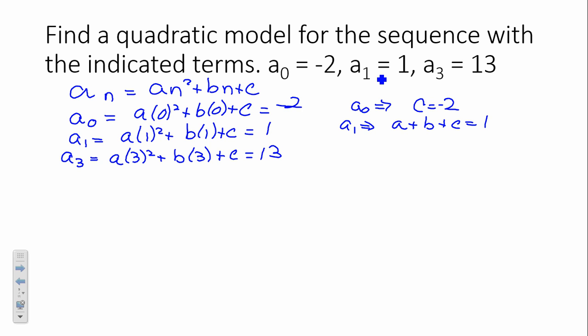Oh, sorry, c equals -2. Finally, simplifying our third equation, it's going to say 9a plus 3b plus c equals 13.